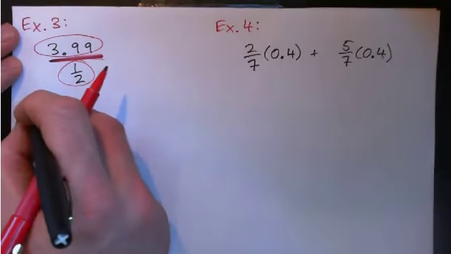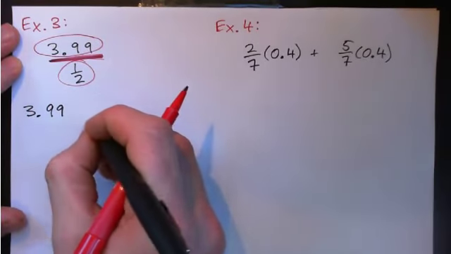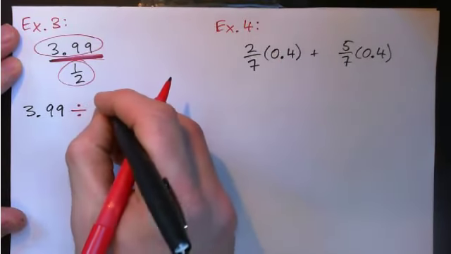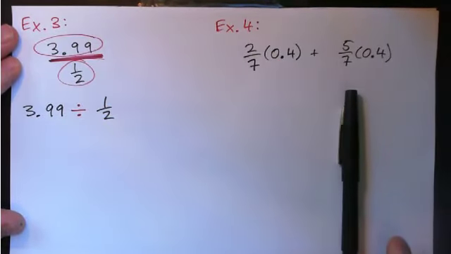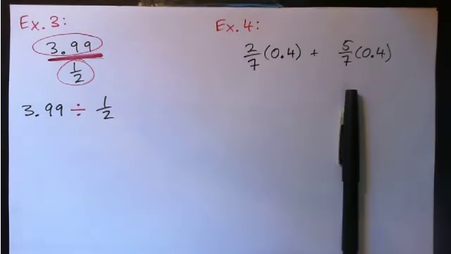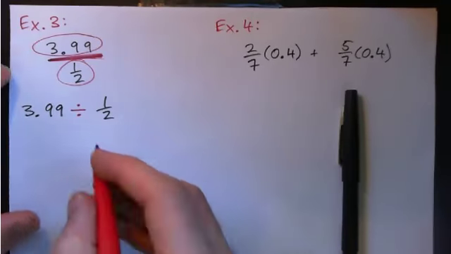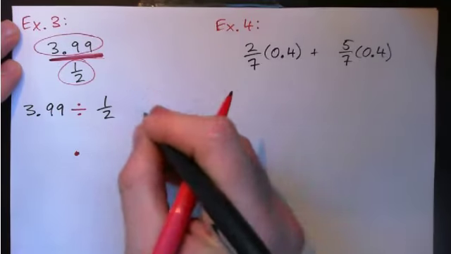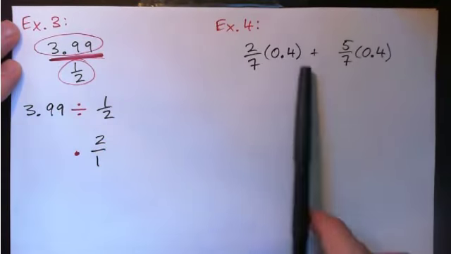So we can rewrite that as 3.99 divided by 1/2, can't we? Now, what's the next step? That's the same thing as multiplying by what? Flip it upside down. 2 over 1.